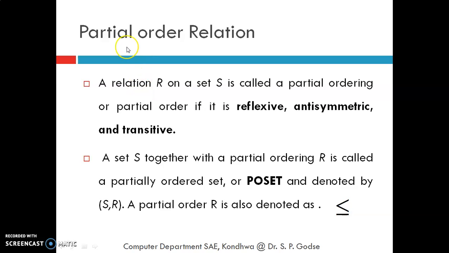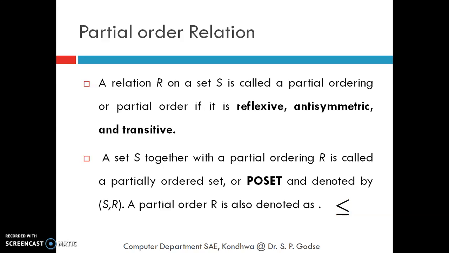After that, the next concept is partial order relation. A relation R on set S is called a partial ordering or partial order if it is reflexive, antisymmetric and transitive. Means whatever the given relation on set S, if it is satisfying the reflexive property, antisymmetric property and transitive property, then it is called a partial order relation.